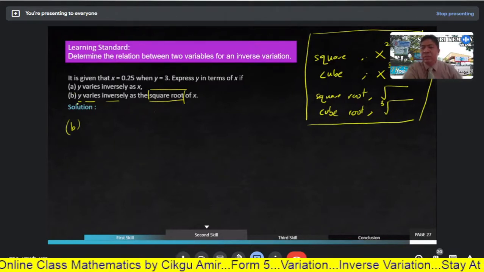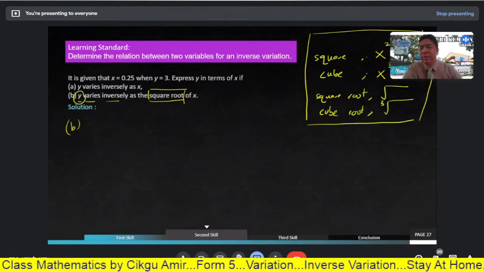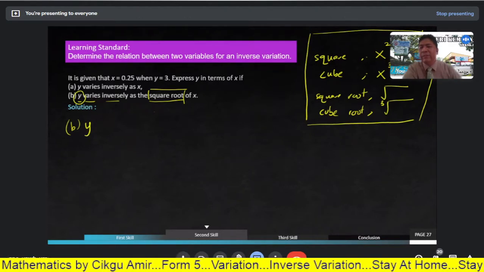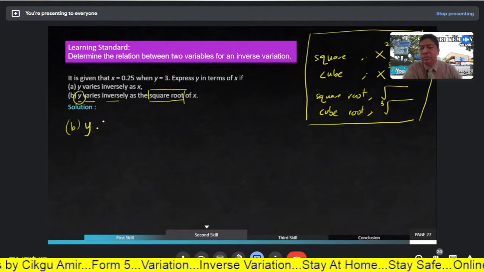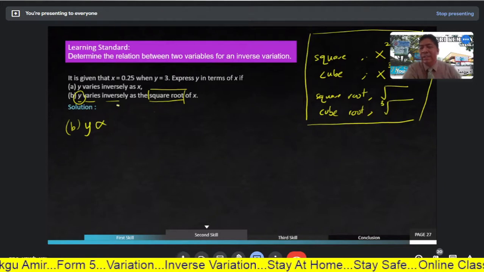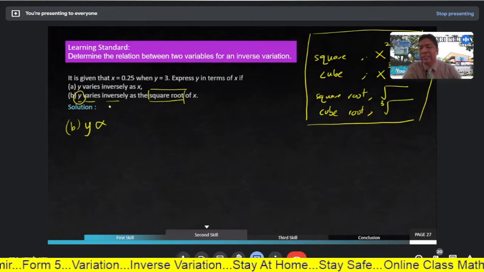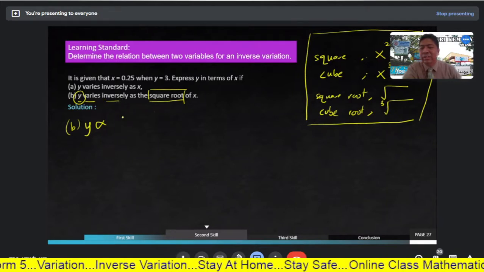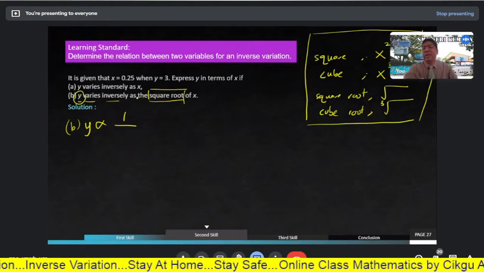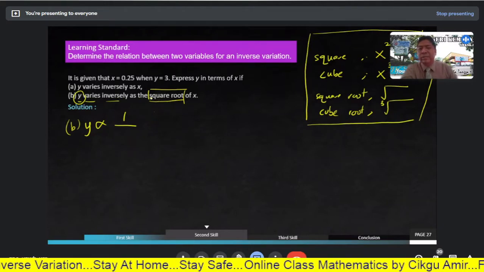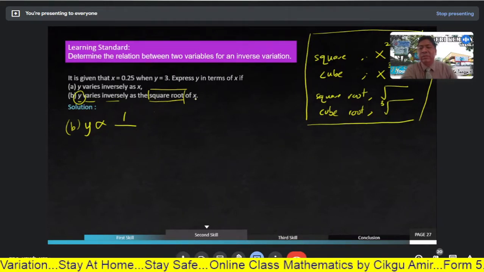So we have variable y here. We put y, varies, so put the symbol of variation, inversely. So it is 1 over, inverse as the square root of x.